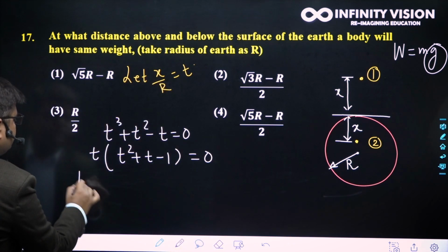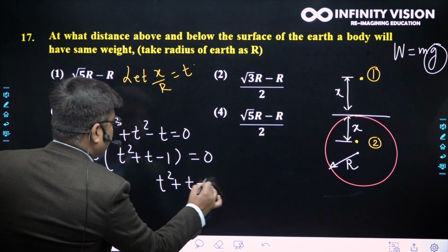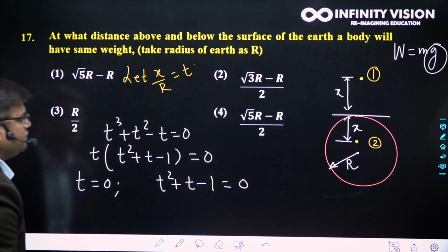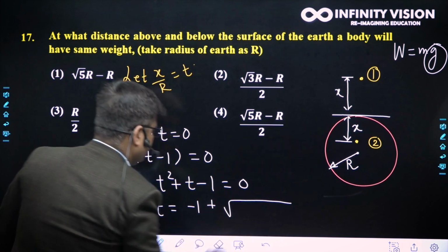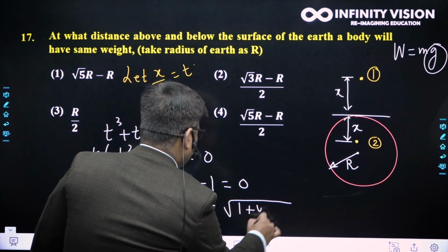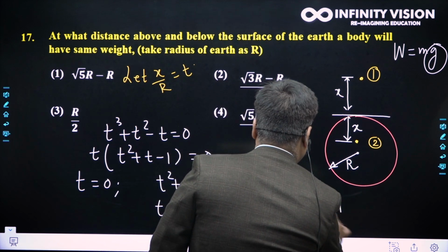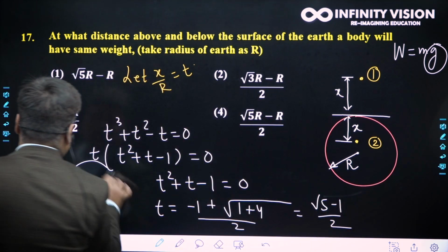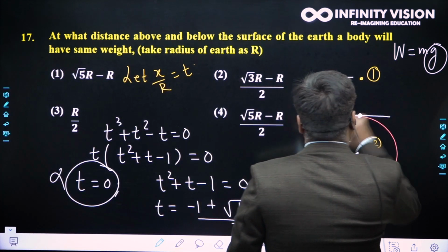Now from here, the first solution we are getting is t equal to 0, and the second solution from t square plus t minus 1 equal to 0 is t equal to minus 1 plus under root 1 plus 4 by 2, which is root 5 minus 1 by 2.